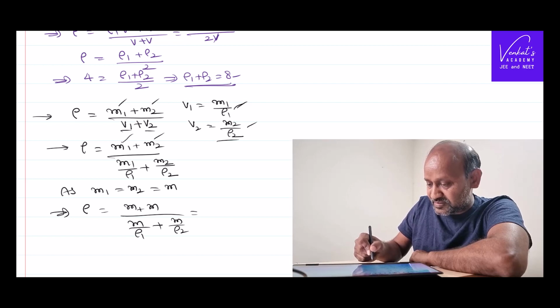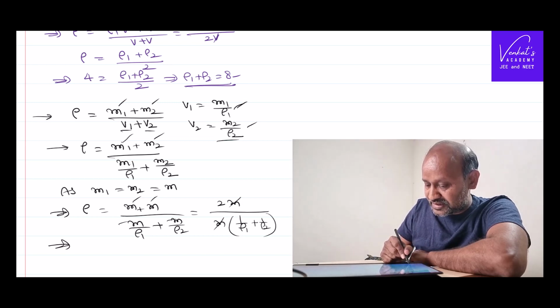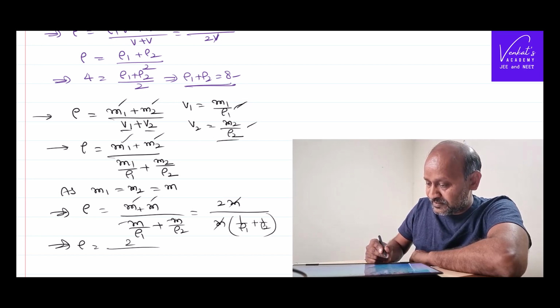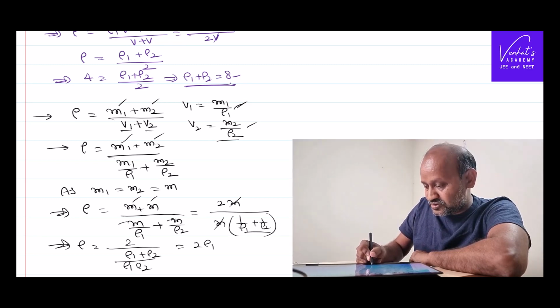If I simplify, M and M is 2M. In the denominator, I can take M common, 1 by rho 1 plus 1 by rho 2. So this M and M will cancel. Rho is equal to 2 by the denominator, which is rho 1 plus rho 2 by rho 1 rho 2. That implies 2 rho 1 rho 2 by rho 1 plus rho 2.